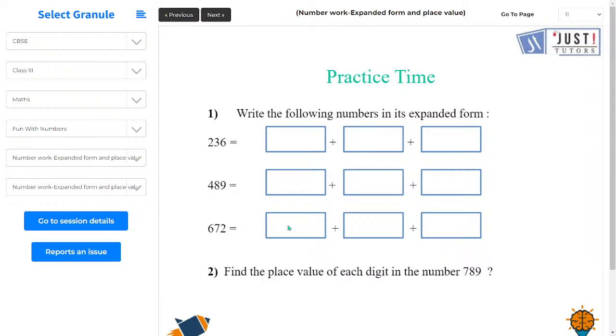So here is the practice time for those questions.